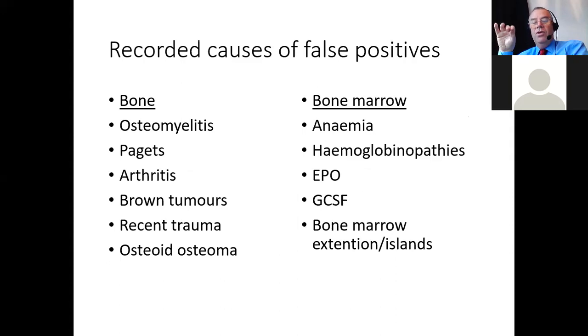And in bone marrow, which may be misread for bone disease if you don't get quite 100% good registration, you can get uptake in anemia, hemoglobinopathy such as sickle and thalassemia, patients who've received EPO for anemia, or those who've had things like GCSF, particularly if they've got other problems, such as having been treated for lymphoma or leukemia with chemotherapy and had some bone marrow failure. And bone marrow islands and extension, again, some of these should be helped by looking at the CT.